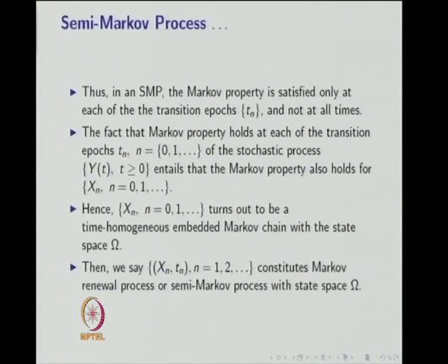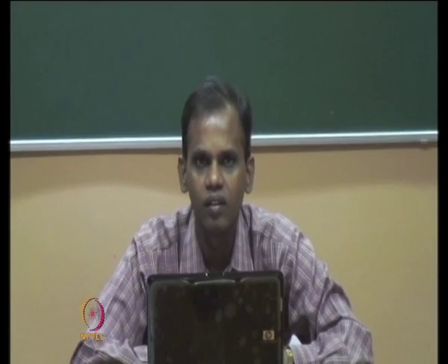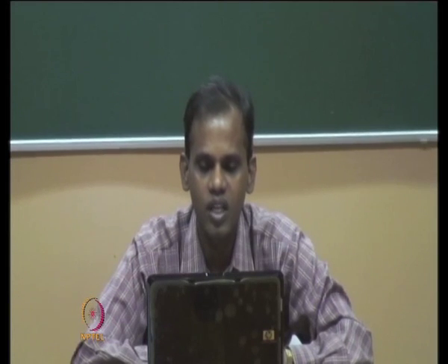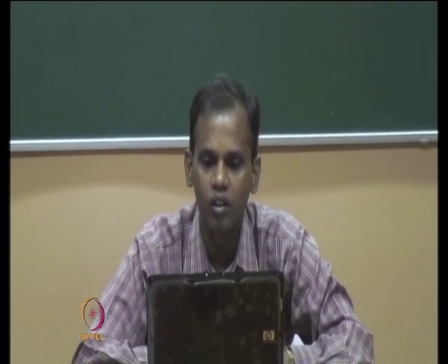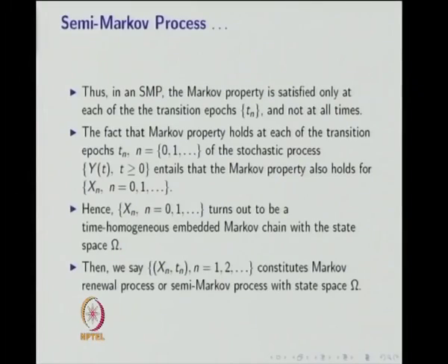Since Xn is nothing but Y of Tn, the Markov property is satisfied for the stochastic process Xn, though not for Y of t at all times. Hence, Xn turns out to be the time homogeneous embedded Markov chain with the state space omega.